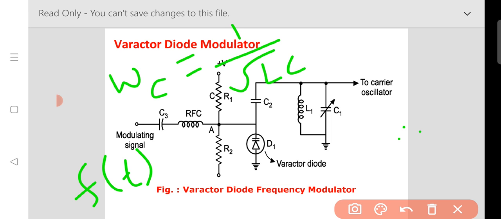How is it varied? Because of the reactances of the capacitor and the inductor. The reactance of the inductor and the reactance of the capacitor change the frequency, and that frequency is actually changed by our f of t, the modulating signal.